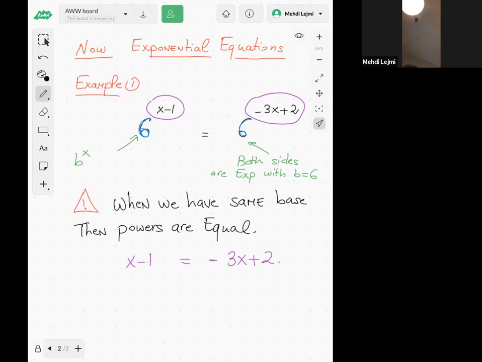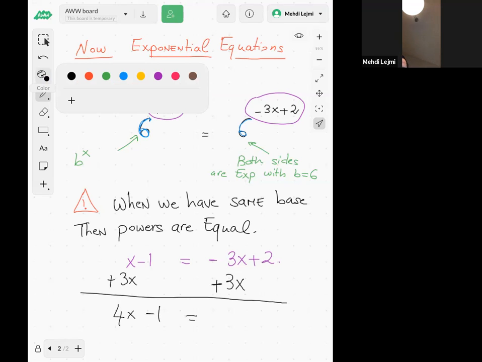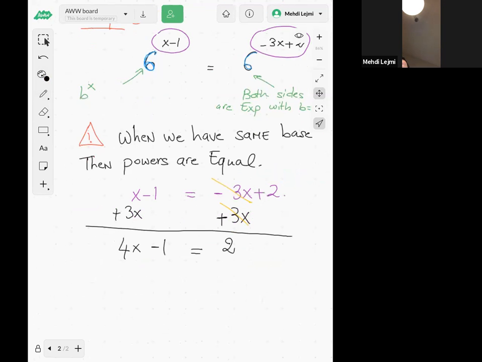I mean, you can add plus the x, so move the x on the same side. This is minus the x, so I'm going to add plus the x both sides. Then that would be 2x on the left, minus 1, and minus the x plus the x cancel out, so it's just plus 2 on the right. Then I'm going to move minus 1 to the other side.